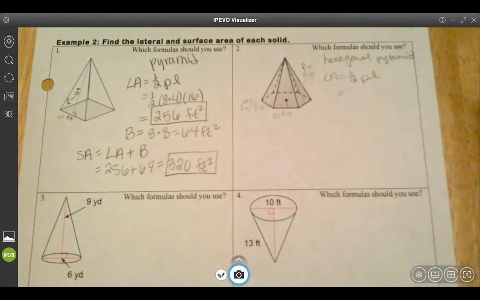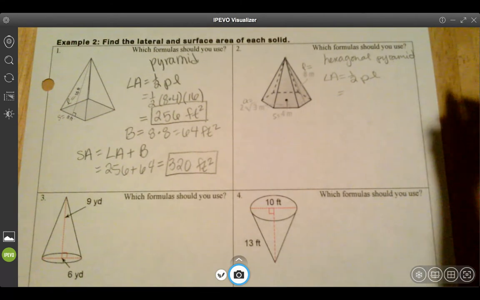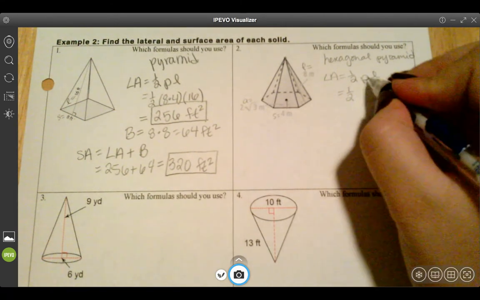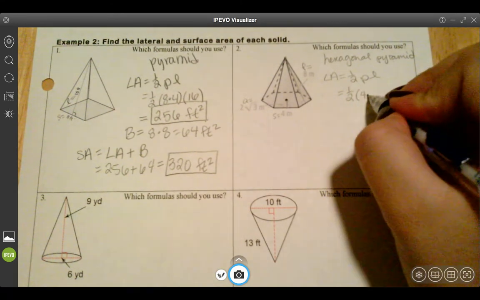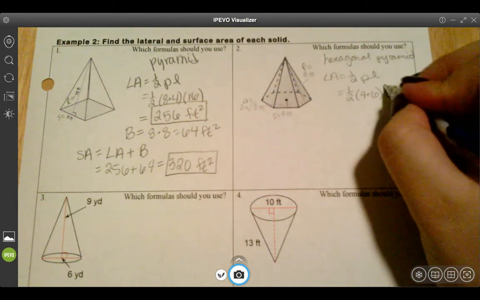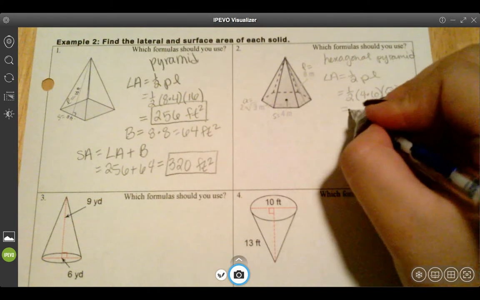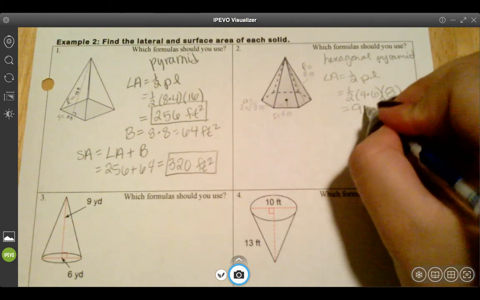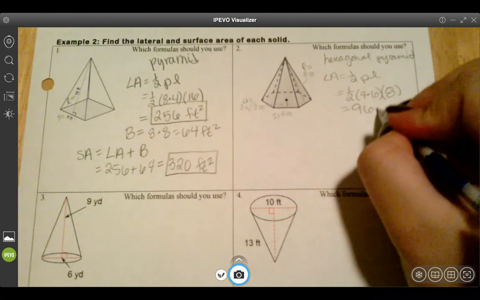How nice, they gave an apothem and a side, so it's going to be relatively easy to find the area. So 1/2, the perimeter is 4 times how many sides? There are 6, times lateral height, which is 8. We can put that directly into the calculator to find 96 square meters.